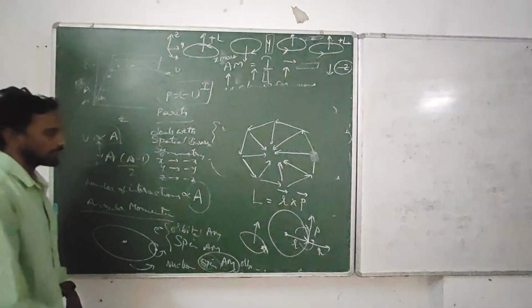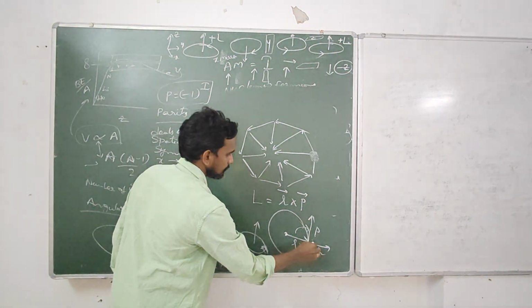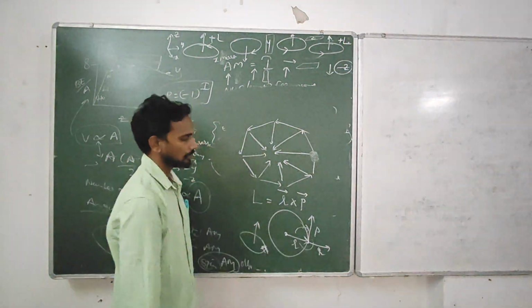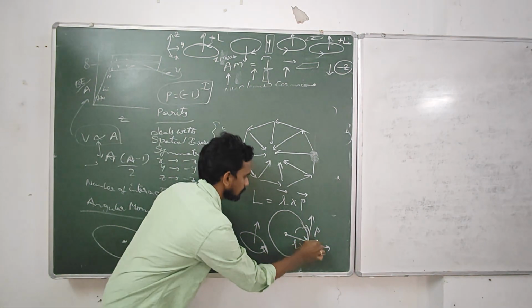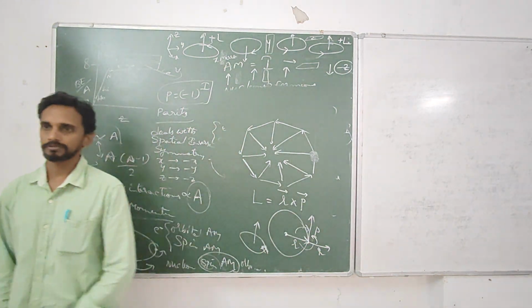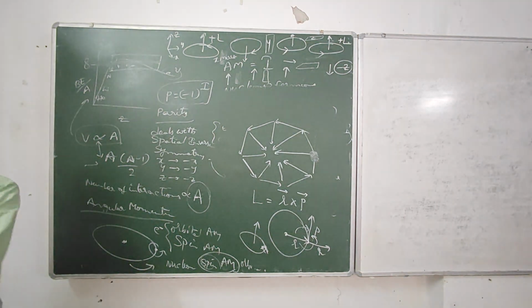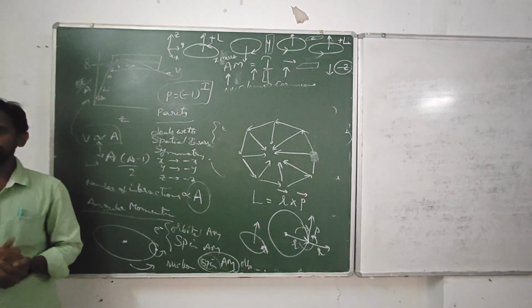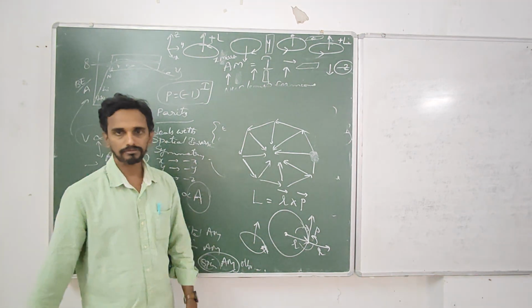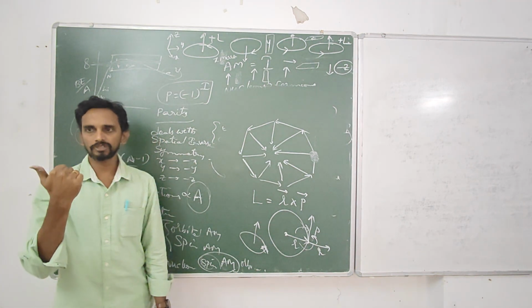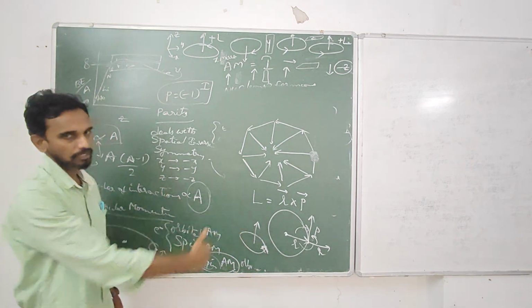So I'll shift my vector over there, and once I get a head to head or tail to tail connection, then I'll see the direction of motion. It is anti-clockwise. So for anti-clockwise motion, the vector will be upwards.